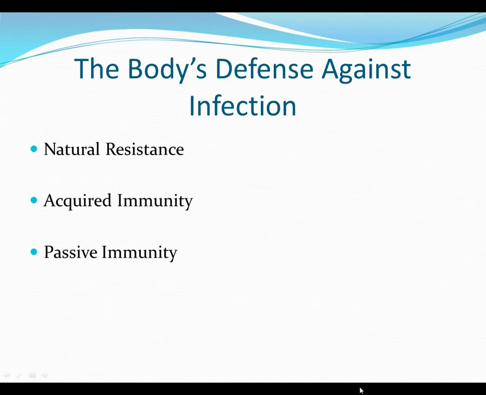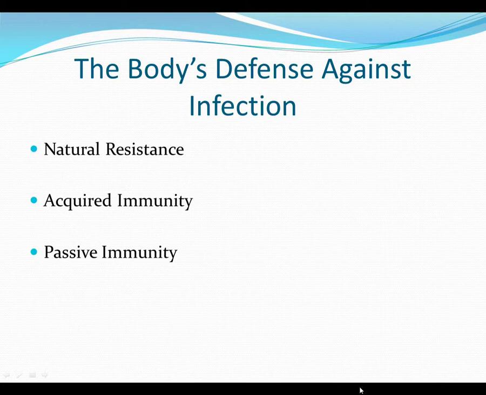We have digestive enzymes that help provide a natural resistance to disease-producing organisms. We also have tears that secrete out of our eyes to help bathe our eyes, to keep our eyes clean, and urine, which helps to cleanse our urinary system. So our bodies have their own defenses against infection.